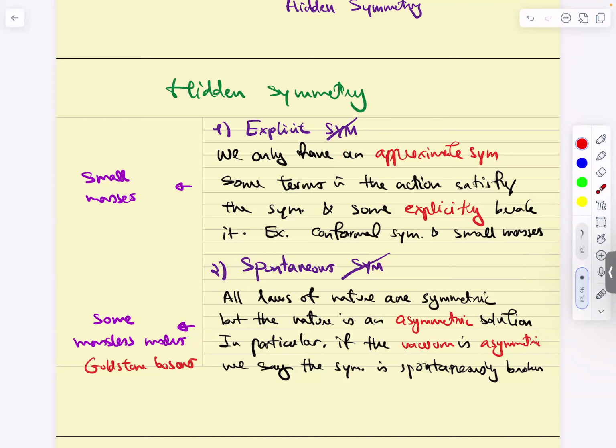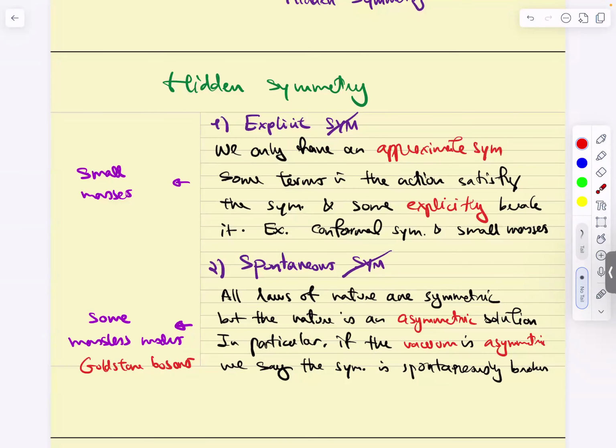There are many examples of it. Or you might have spontaneous symmetry breaking. We saw examples of this in the O(N) model. But what is this? When the laws of nature are symmetric, but nature is, so it's not just a theory when we're describing nature, we're also given a solution, right?